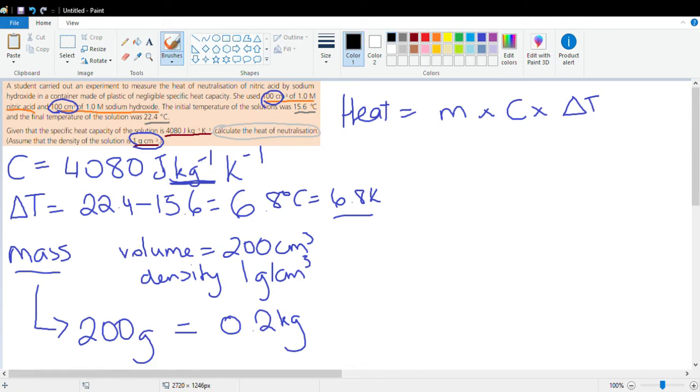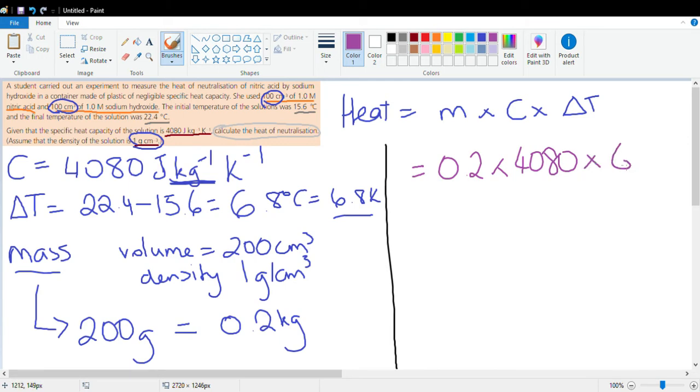So then we can slot all of that into our formula over here. So heat is going to be equal to mass, 0.2 kilograms, multiplied by the 4080 specific heat capacity, multiplied by 6.8 Kelvin for the change in temperature, and that gives me a value of 5,548.8 joules.